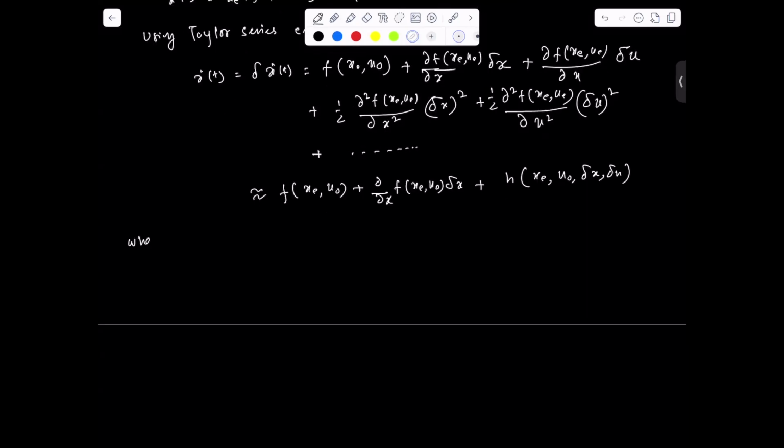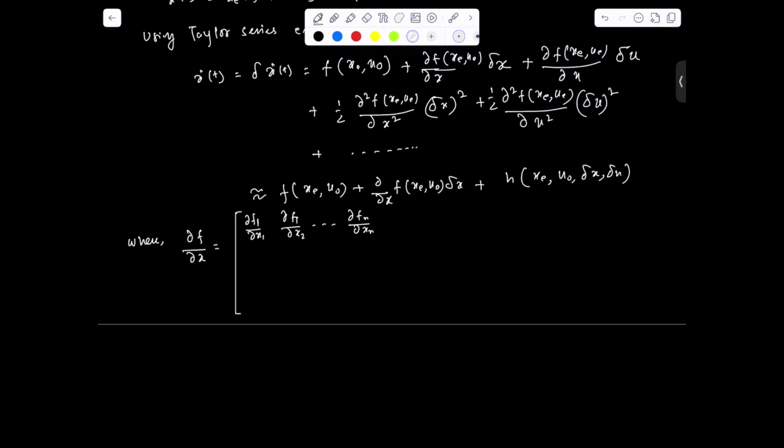Here we can write ∂f/∂x, which is actually the Jacobian matrix for the state. So we can write this expression: ∂f1/∂x1, ∂f1/∂x2, up to ∂fn/∂xn.